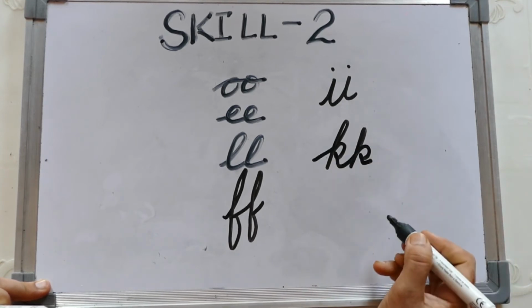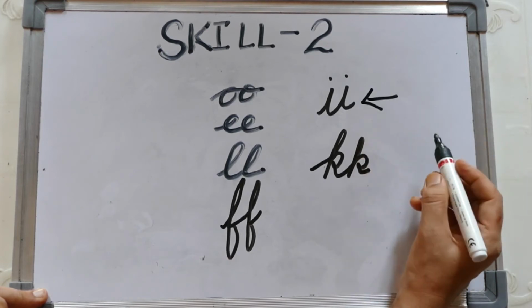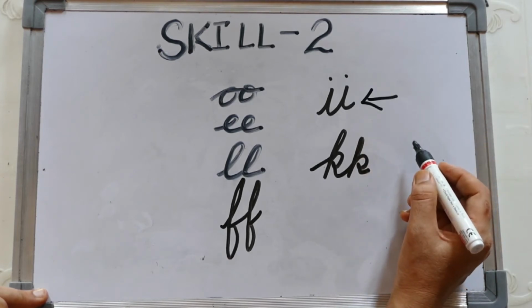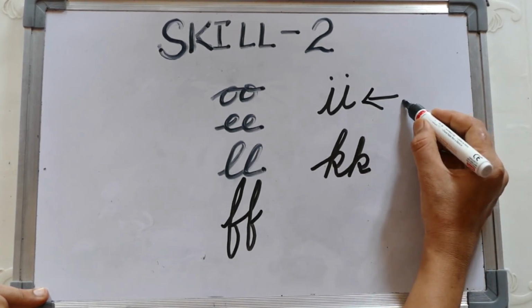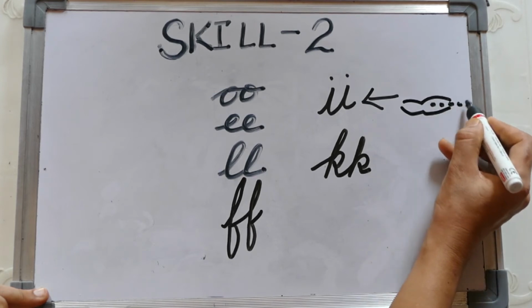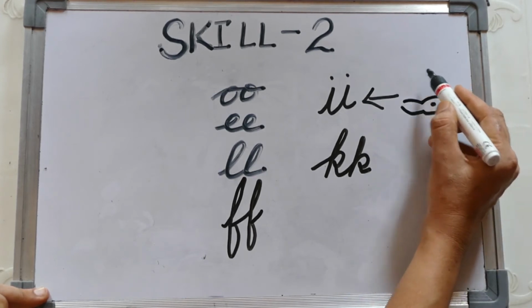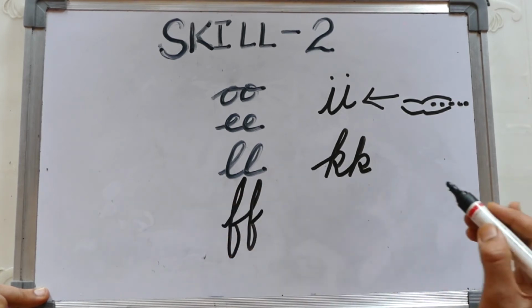So what is this? While reading, what we have to do, if double I is there, we have to take out the sound E. You have to join the lips and let it be bold, and the sound will come out E. Elaborate it.